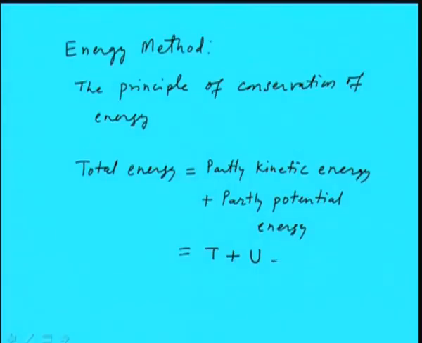This quantity is a constant for a conservative system, so its change with respect to time is 0 because it is not changing. Let us see how we can use this to obtain the equation of motion.